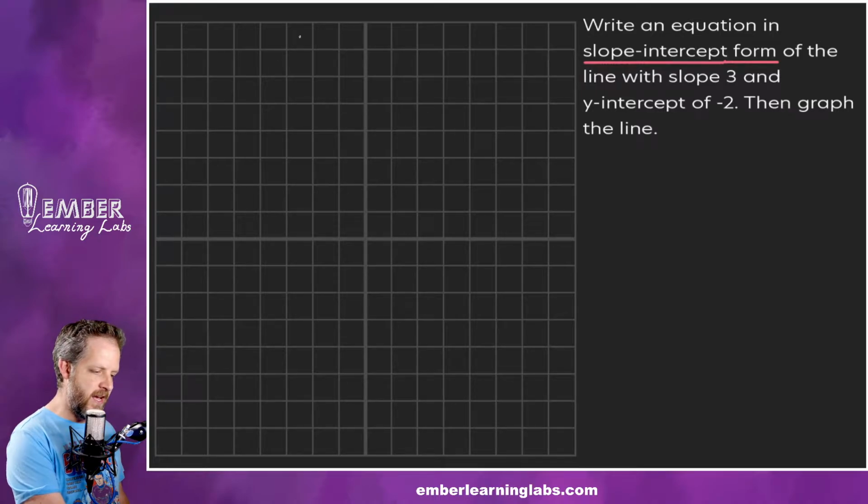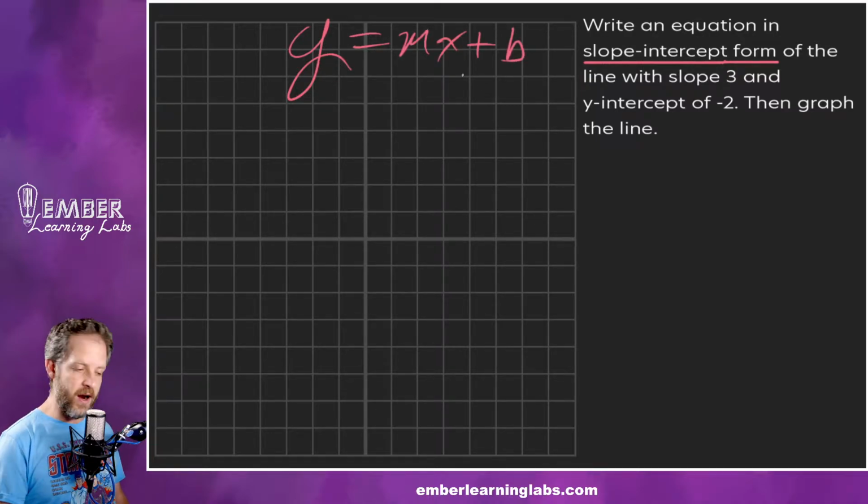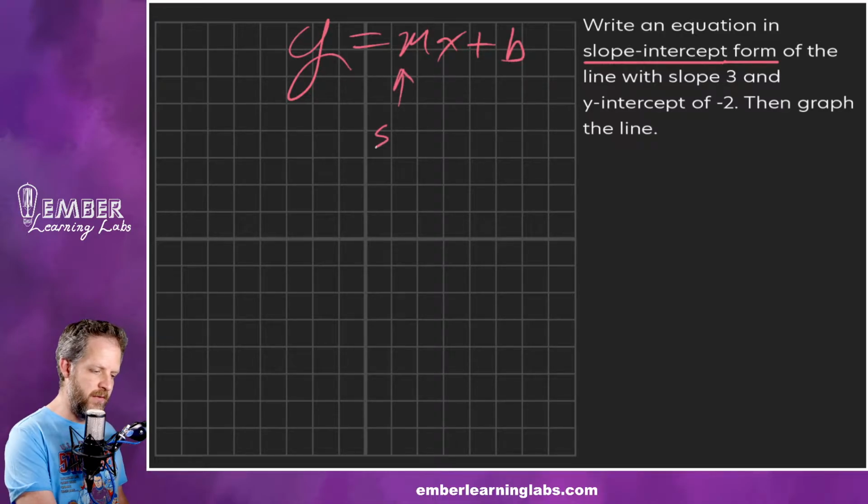Well, in case you have forgotten, it is y equals mx plus b, where m is the slope, and the b is the y-intercept, or where the graph crosses the y-axis.